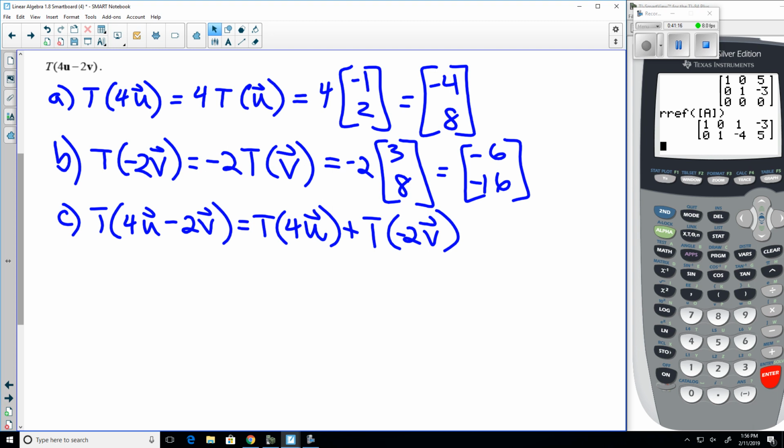So add those two together. It's like negative 10 and negative 8. Is that correct? Yep. Sorry? Why do we add them instead of subtract? I'm adding the negative.